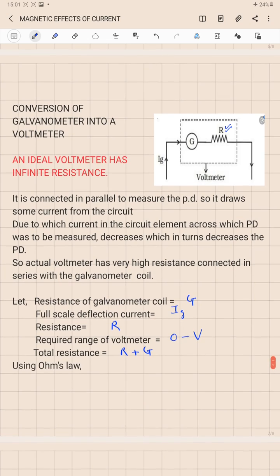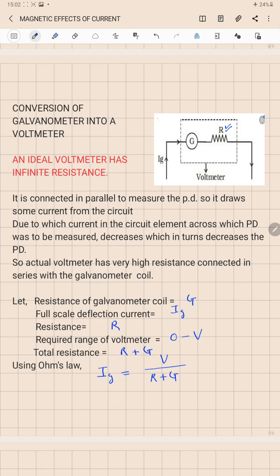So using Ohm's law, the total current in the circuit, Ig, is equal to the total potential difference divided by the total resistance. The total potential difference we want to measure is V, divided by the total resistance, which is R plus G.